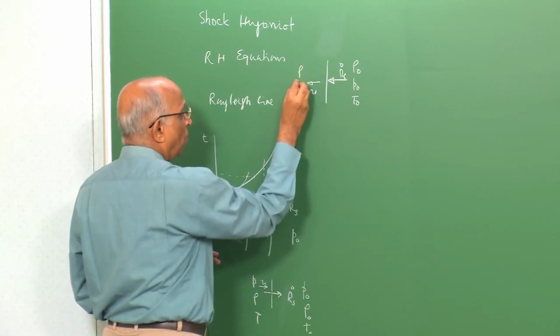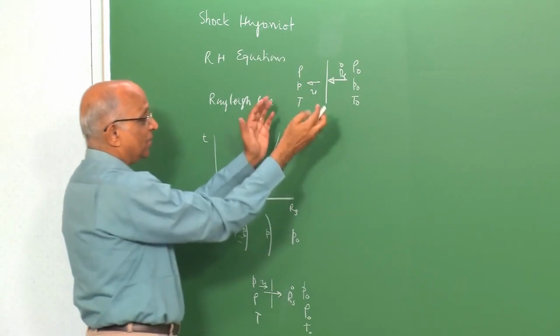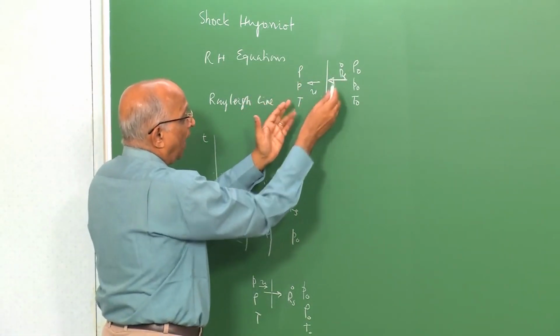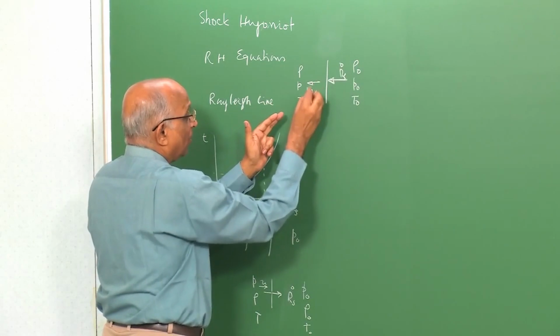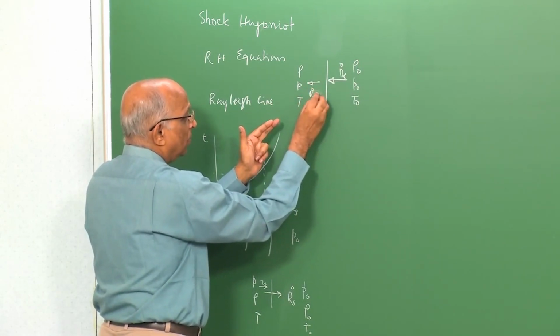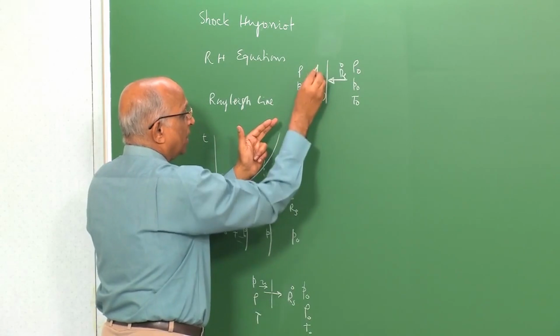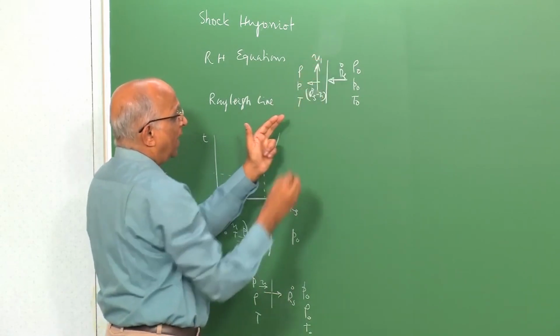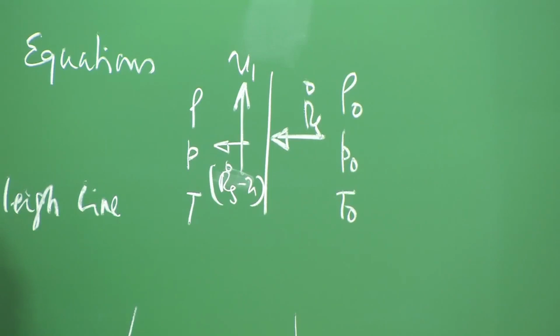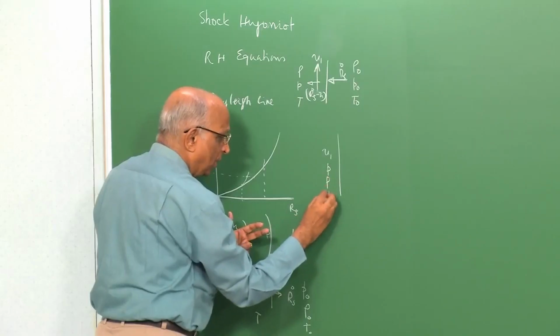I have rho, p and temperature, which are the parameters behind the shock wave. Therefore, now I have rs dot over here, therefore, the velocity is equal to rs dot minus u over here, and this rs dot minus u I called u1, and therefore, we solve the problem of maybe u1, maybe p, rho, T behind it.